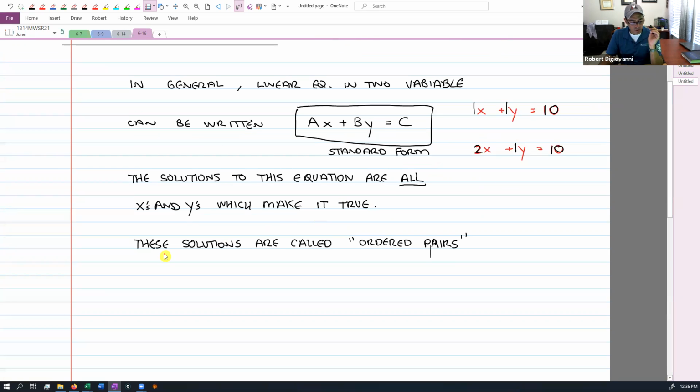So these solutions are called ordered pairs and are written with the parenthesis X, comma, Y, close parenthesis. That's the way we write the ordered pair solution.